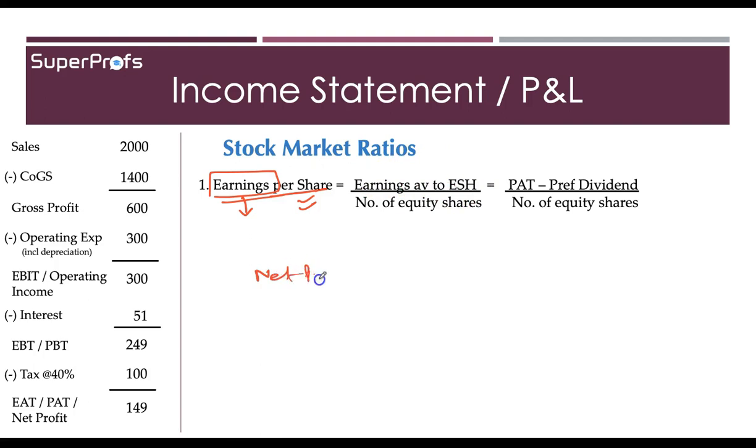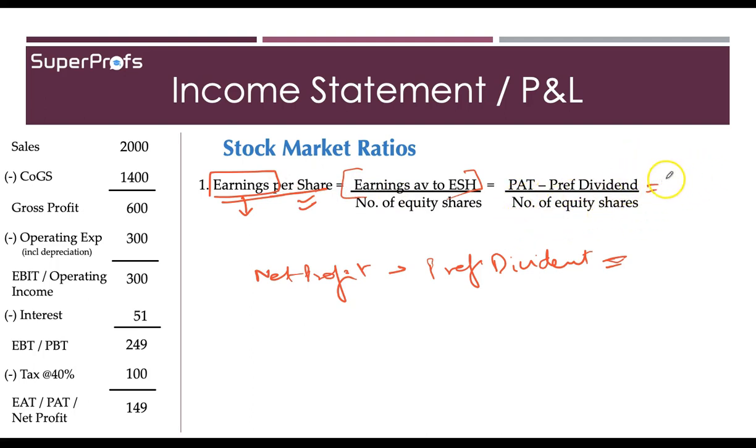You first take your net profit, and once you subtract the preference dividend from it, the amount that you are left with is the earnings available to equity shareholders.